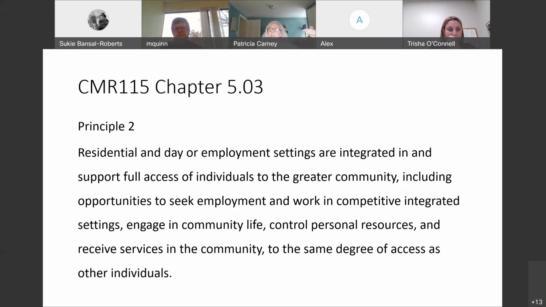Services should actually enhance the life and support the person to pursue that life, whether that life includes employment, competitive employment in integrated settings, whether that includes engaging in community life in whatever way the person chooses to do that, whether that includes being in control of their own personal resources, financial and otherwise, and getting services in the community, any kind of service, whether the mailman or the local grocery store, whatever kind of service they're talking about in the community.